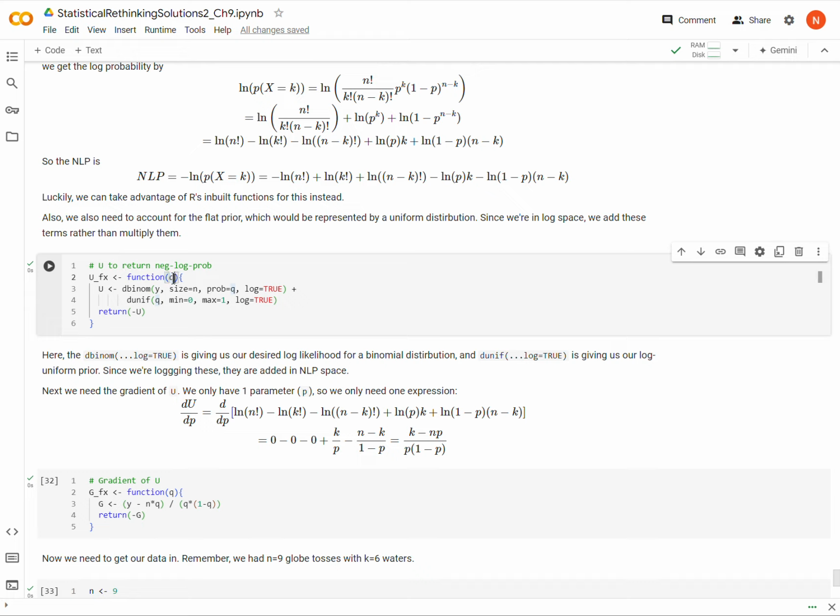That's going to be defined by q in the function, and we'll go back later and mess with q. But for right now, q is just a placeholder.